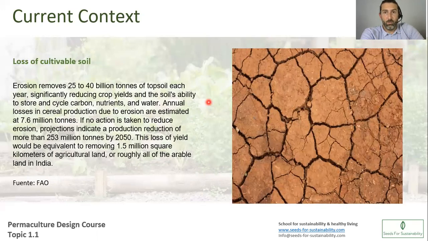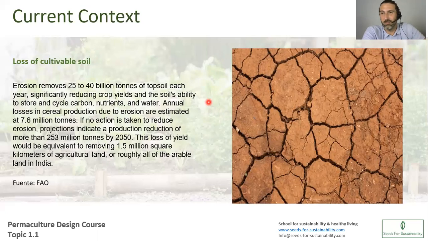The next point that we really have to focus on, and soil is one of the most discussed topics for sure in permaculture, is the loss of cultivable soil, the ground where we actually can cultivate vegetables or any kind of plants. What you see here on the right-hand side basically is the opposite of what it looks like to have a good soil.